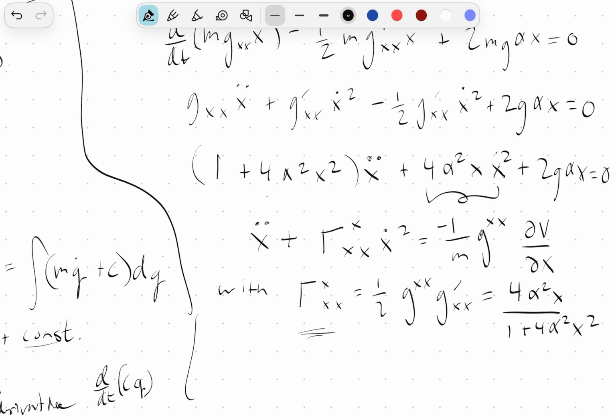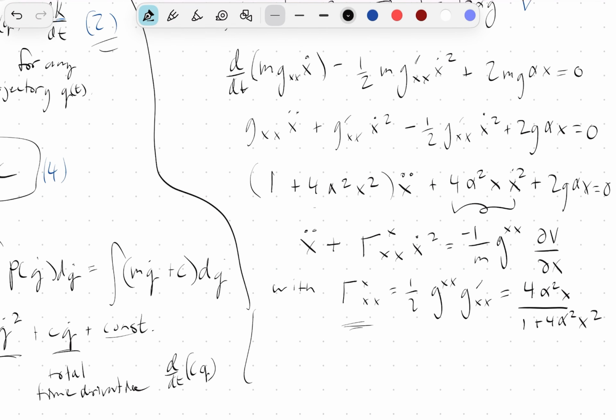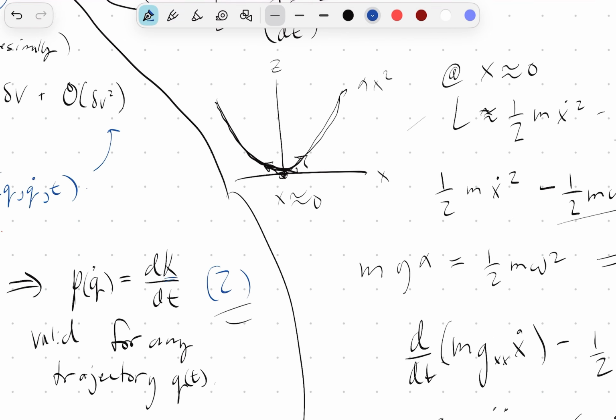This Christoffel symbol looks kind of fancy, but by viewing it this way, this is a very basic example of how we encode some kind of physical message, which is that the wire, this parabola, reshapes what straight ahead means.